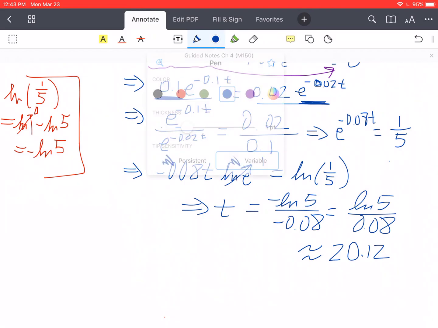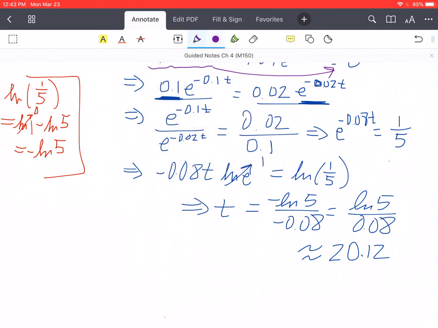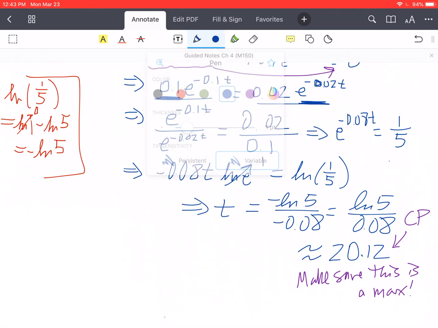But this is just a critical point. However, we need to make sure that this is actually a max, because it's not a guarantee.